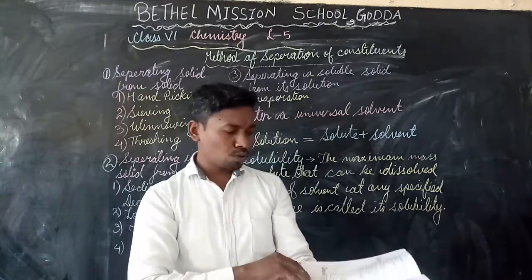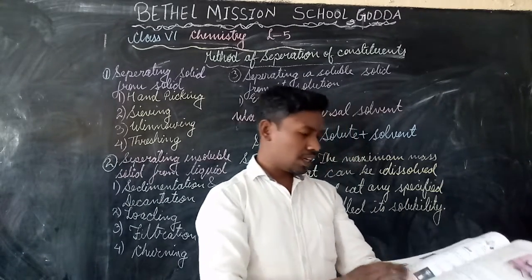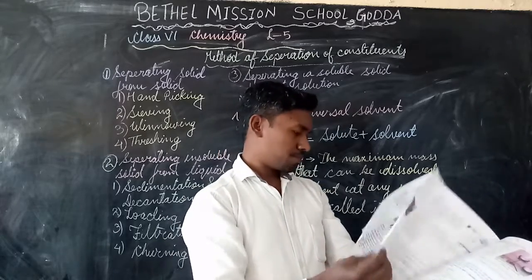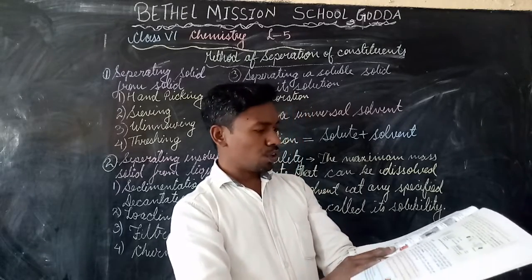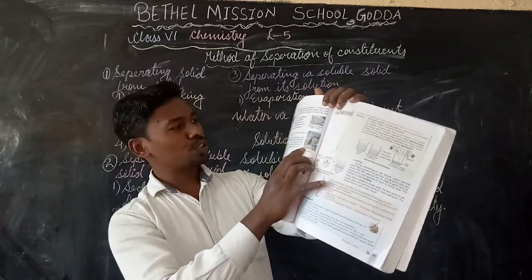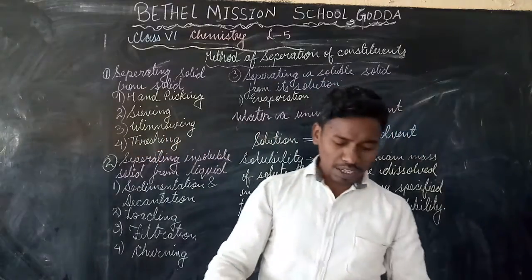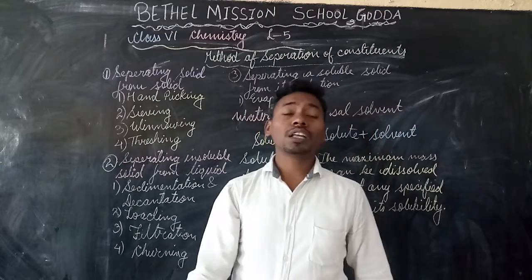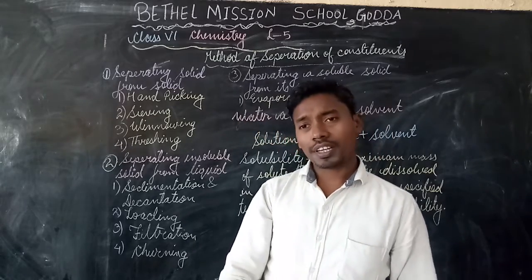One very good example is here, an example of winnowing. You might have seen the people. This is called winnowing, in which the particles are heavy and the other particles are very light.